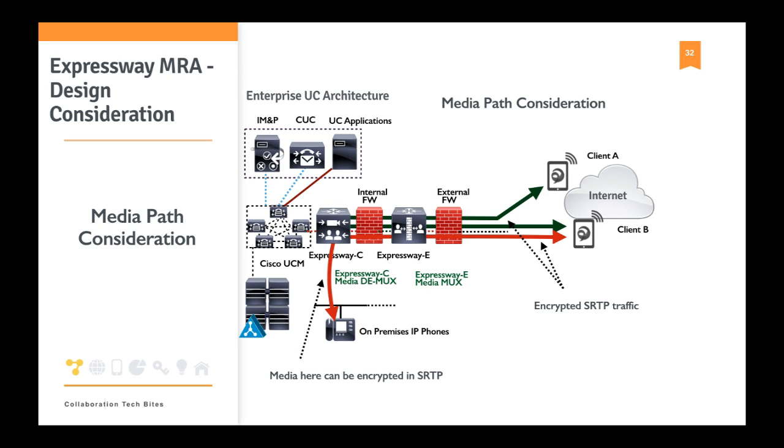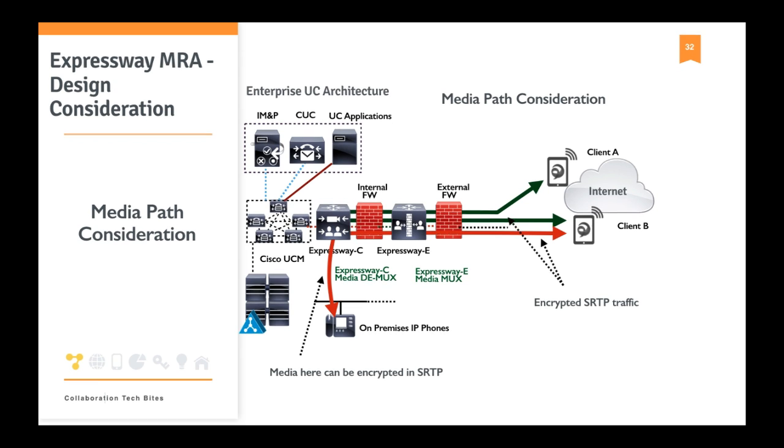But if you have a secure cluster, you can have end-to-end encryption between client A and the phone on premises, and you have SRTP end-to-end if the phone is in encrypted mode.